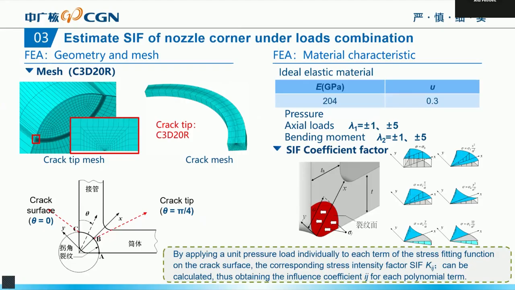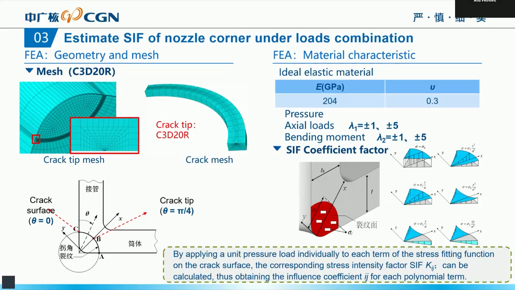The material is ideal elastic. By applying a unit pressure load individually to each term of the stress fitting function on the crack surface, the corresponding stress intensity factor, Kij, can be calculated, thus obtaining the influence coefficient Ij for each polynomial term.